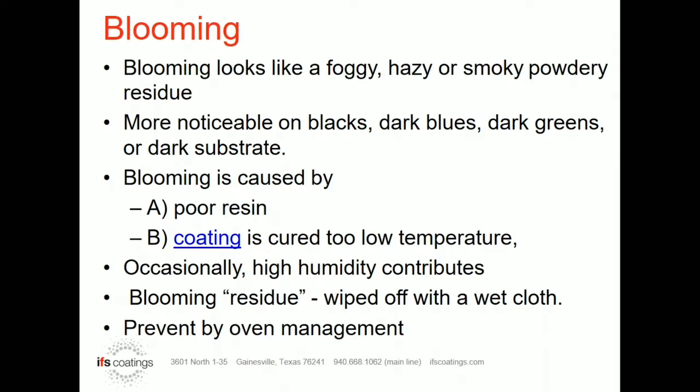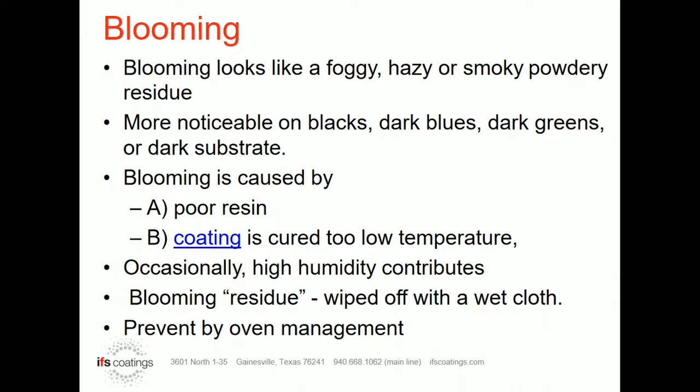And what happens is during the cure process, sometimes the oven temperature or the metal thickness or a cold spot in the oven, for some reason the metal does not continue to rise in temperature, and it gets held up in that 325 degree range, and we get this smoky residue that comes out of the coating, and then it doesn't go away as it moves on up to temperature.